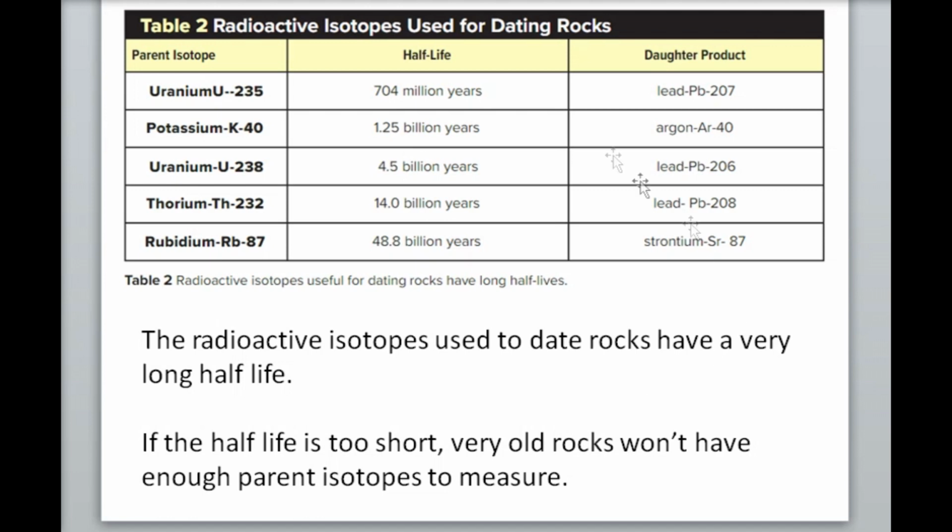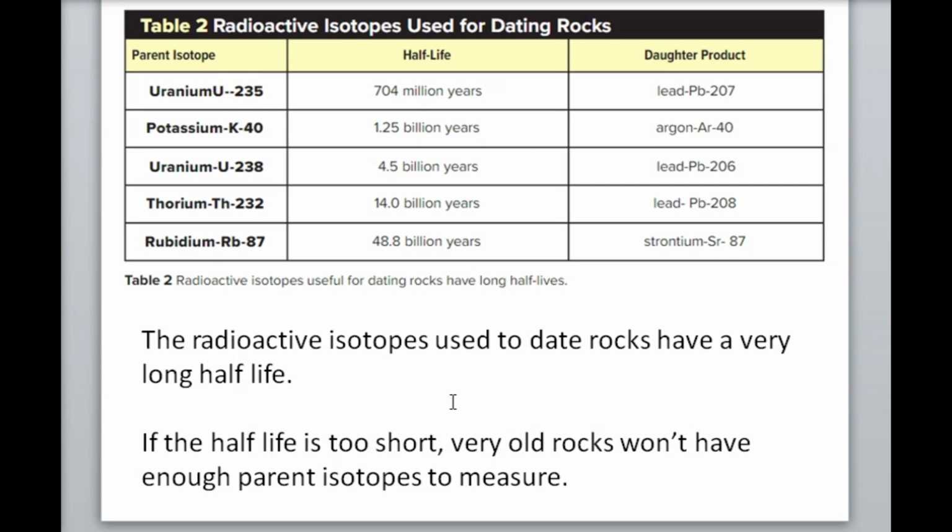If you're in my school, you will have to learn these and learn roughly how much the half-lives are. So best of luck with that. There's a lot to learn here. And if you have a look down here, it tells you that we need to have isotopes with a very long half-life.